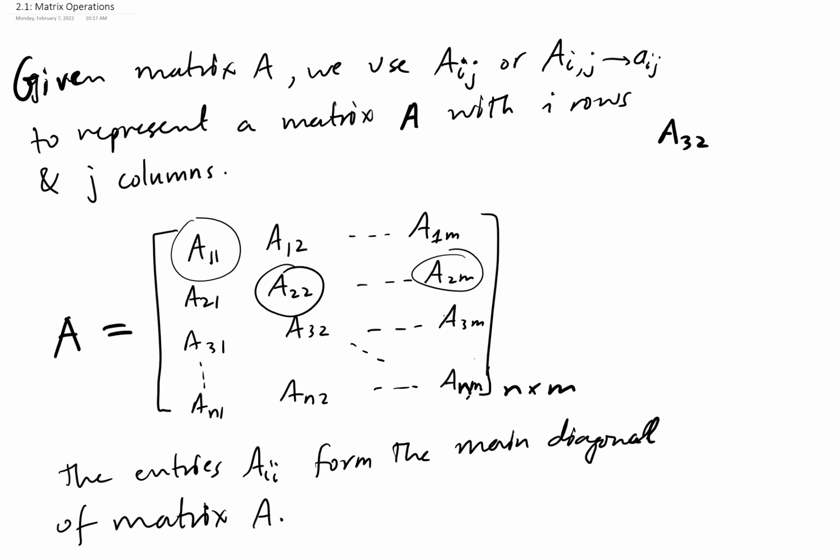The entries A11, A22 all the way to Amm or Ann are called the main diagonal of the matrix, and we call them Aii.